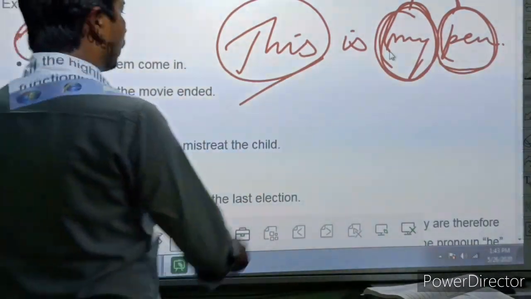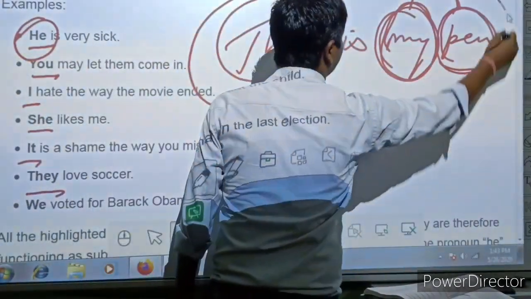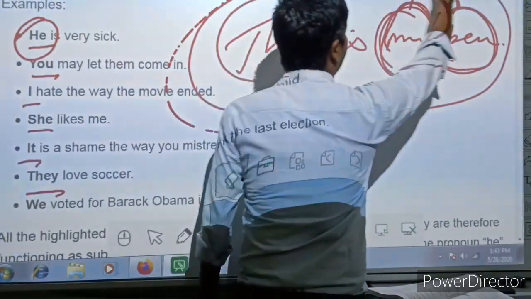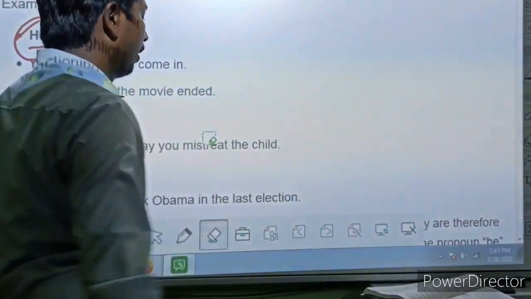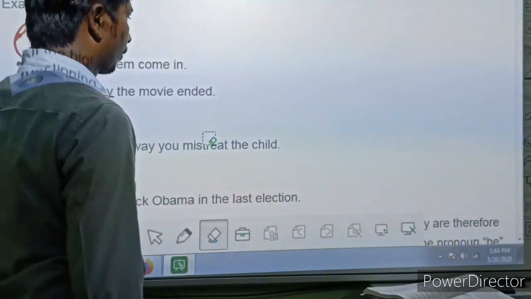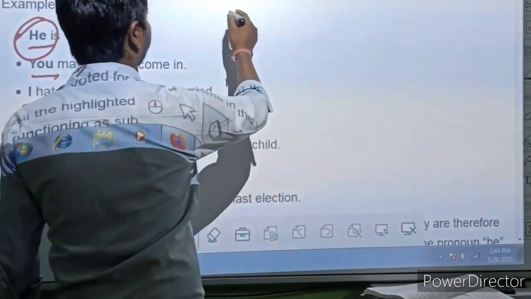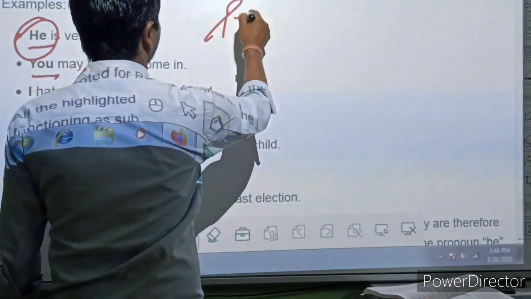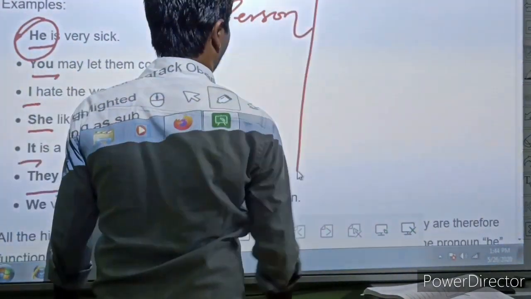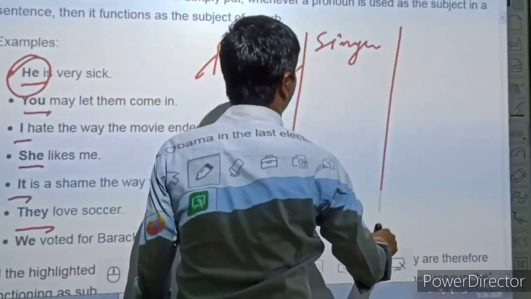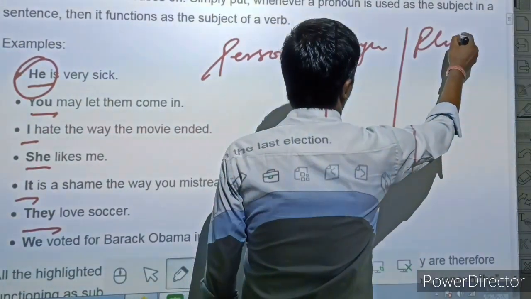It also has singular and plural forms. I am going to tell you by person. Here singular number and plural.